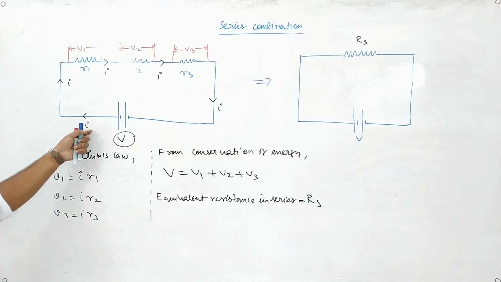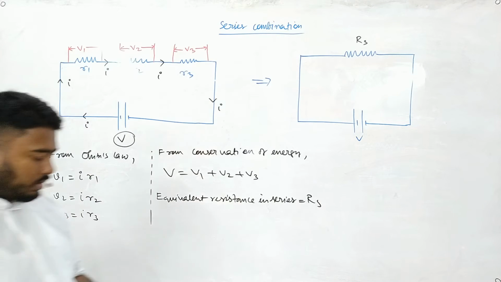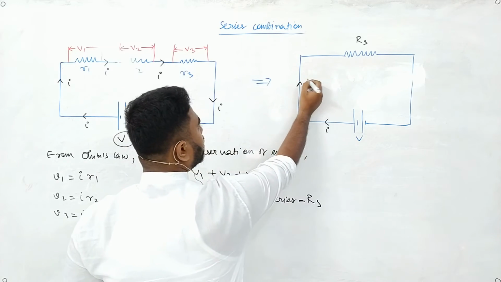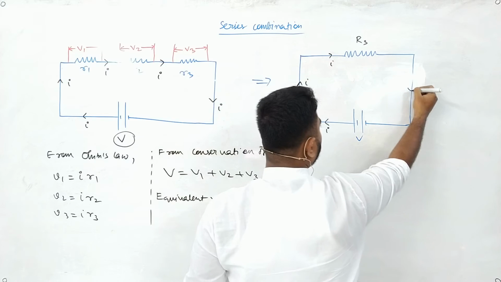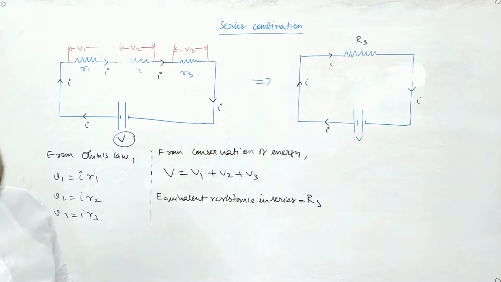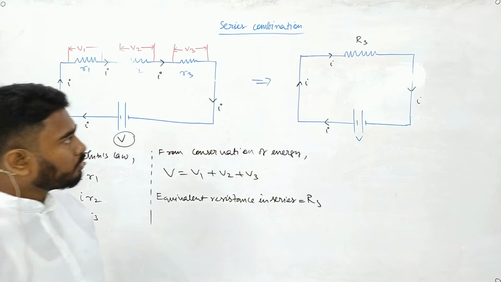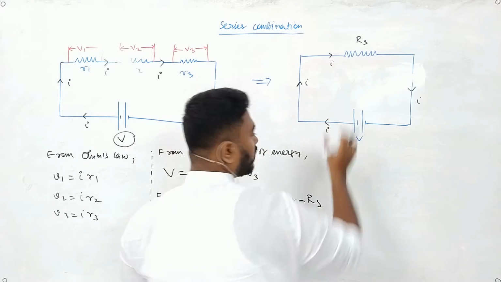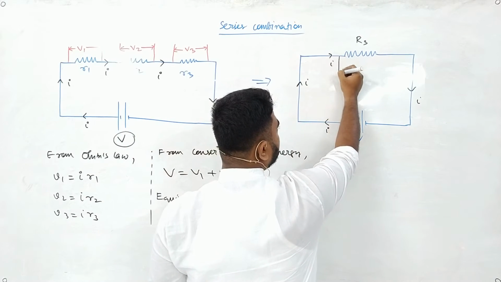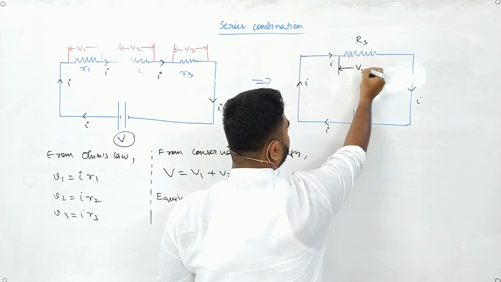Now if a current I is flowing through the circuit, the same current I will be flowing in this case also, right? From Ohm's law there is only a single resistance, right? So that single resistance will have a single voltage drop, Vs.